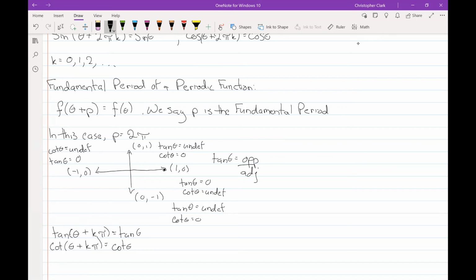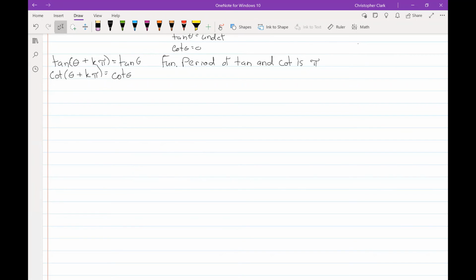So this means that the fundamental period of tangent and cotangent is just pi. So what does even and odd mean?